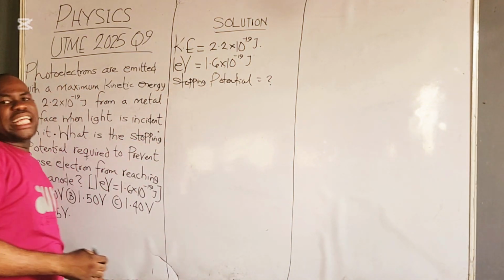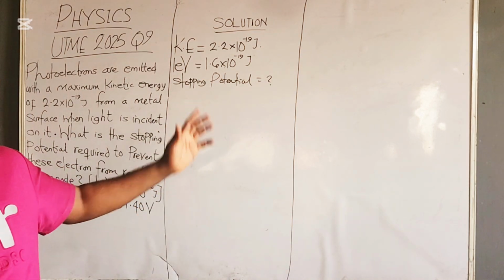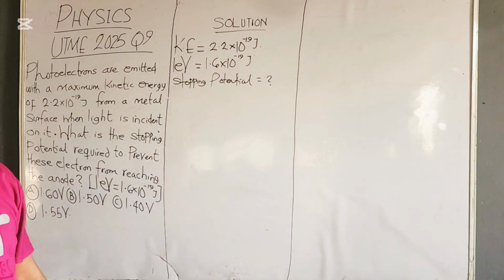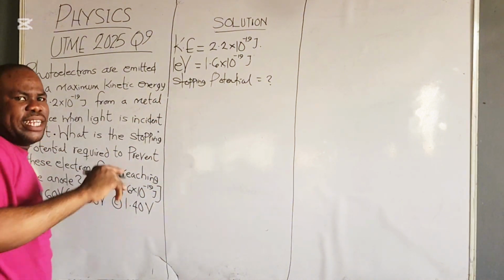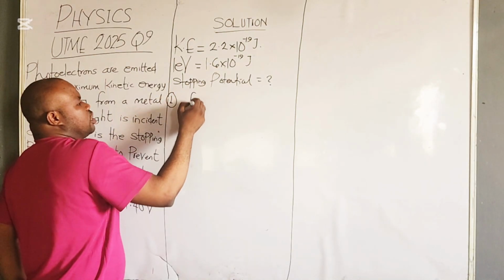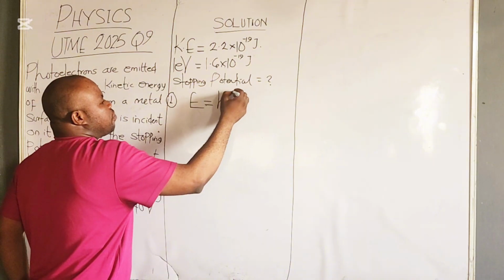So that's before we solve this question. Now, where is the genesis of where all formulas emanate from under this field? See where the formulas come from. Formula 1: the genesis of all formulas, the energy of quantization, is E equals hf.